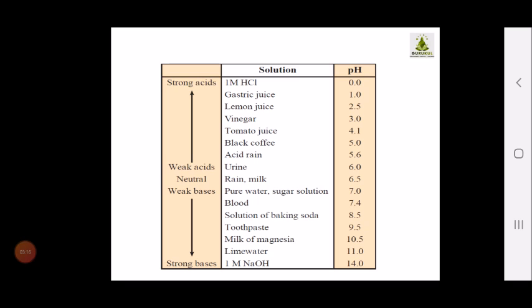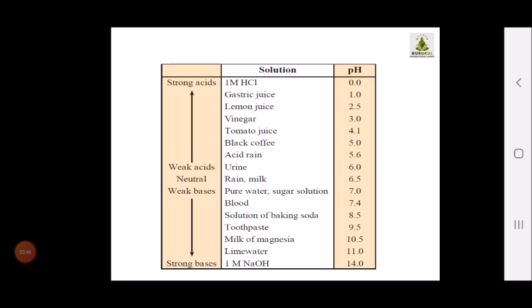Toothpaste, so now you are aware that your toothpaste is basic in nature. So toothpaste pH is 9.5. Milk of magnesia 10.5. Lime water, so when you are dissolving lemon in water, lime water, its pH is 11.0. And 1 molar sodium hydroxide, its pH is 14.